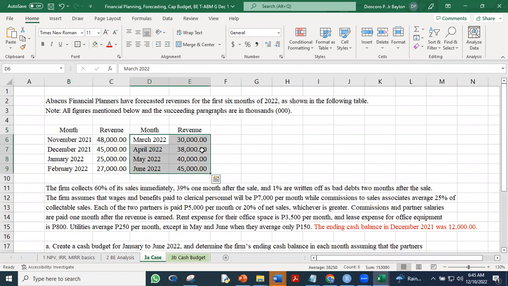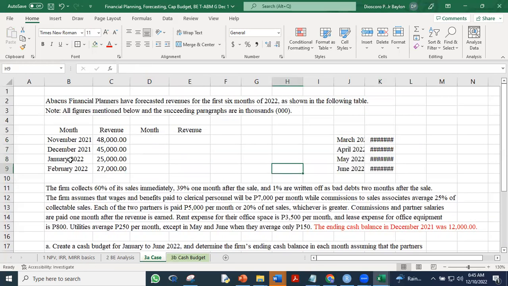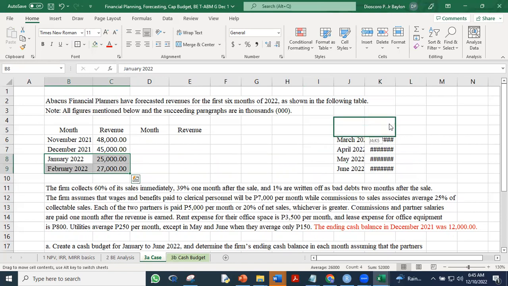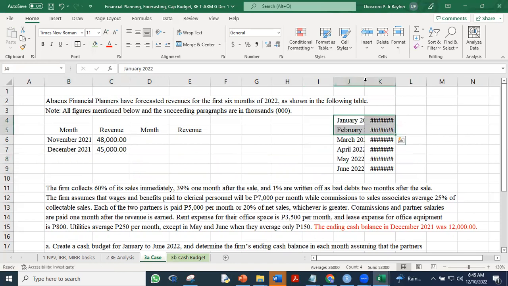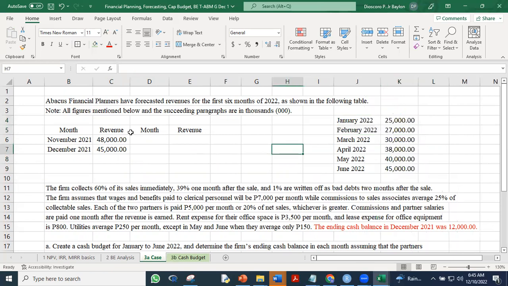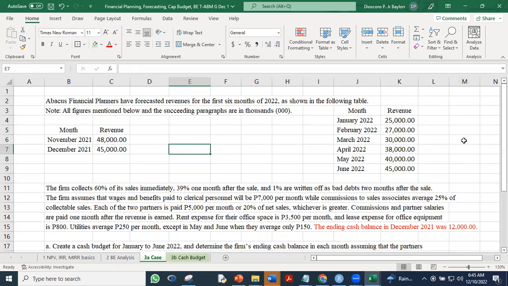Let me just reposition this a bit. The actual sales for November 2021 was 48,000, while for December it was 45,000. So the company is projecting that in January up to June, this will be the projected revenues.